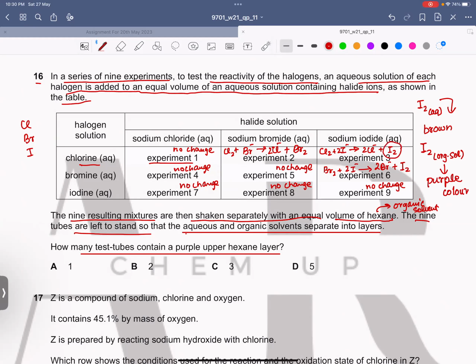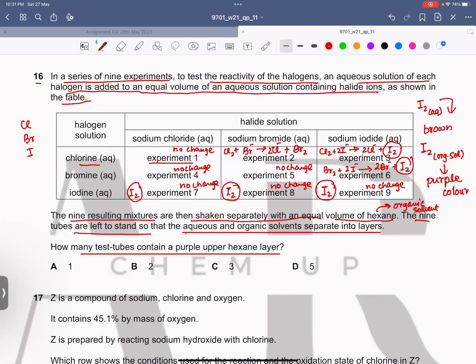Iodine is over here. Iodine is over here because there is no reaction taking place. Iodine stays as iodine in experiment 8 as well, because there is no reaction taking place. And in the same way, in experiment number 9, as no reaction is taking place, iodine stays as iodine. So after performing the experiments, there are 5 experiments which contain iodine molecules in the reaction mixture.